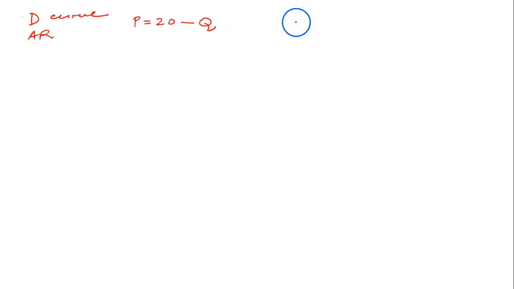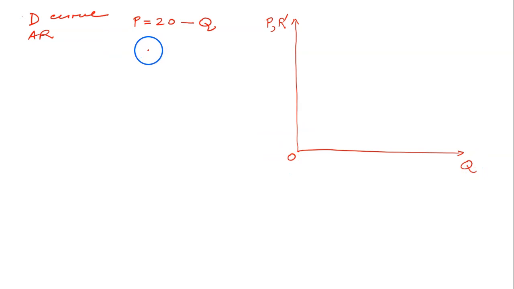So let's draw up a graph first, and we'll put price and marginal revenue here. I'm going to represent marginal revenue with R prime. If we wanted to draw in this demand curve, we can first recognize that this is a linear equation.